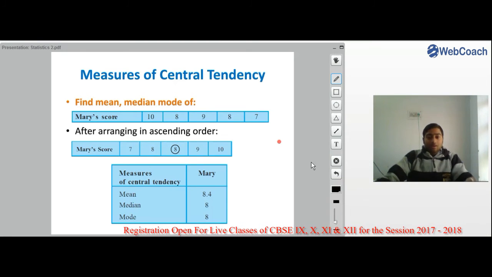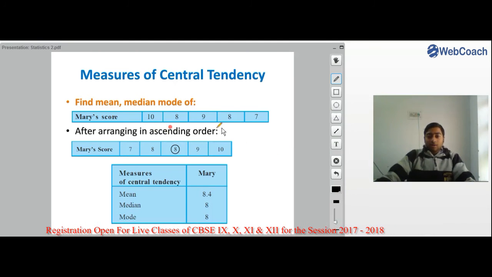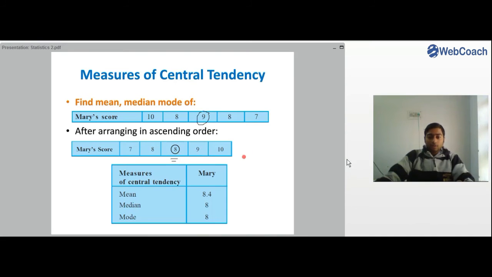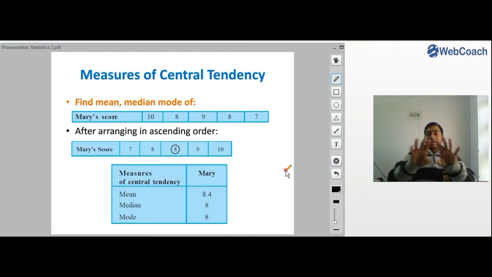But for median, arranging the data is mandatory. Why? Because if the data is given in a random order, you will end up with the wrong result. The median here, if the data is not arranged, you get as 9, but actually the median should have been 8, right? The middle value when the entire data is arranged in ascending order or descending order.